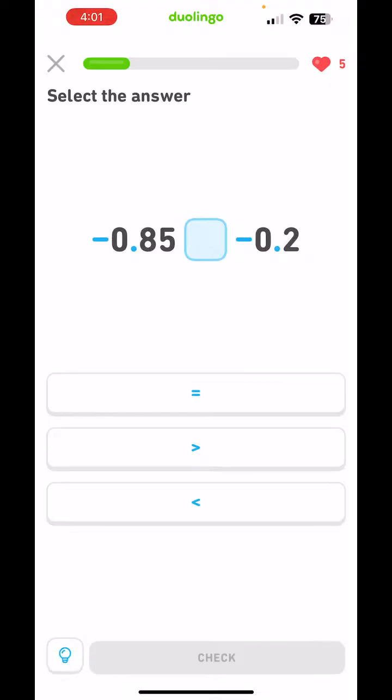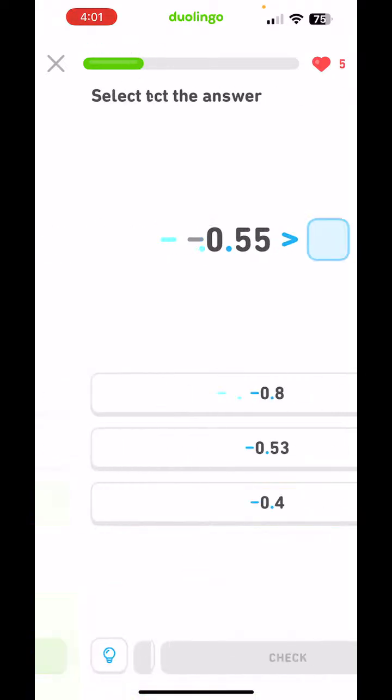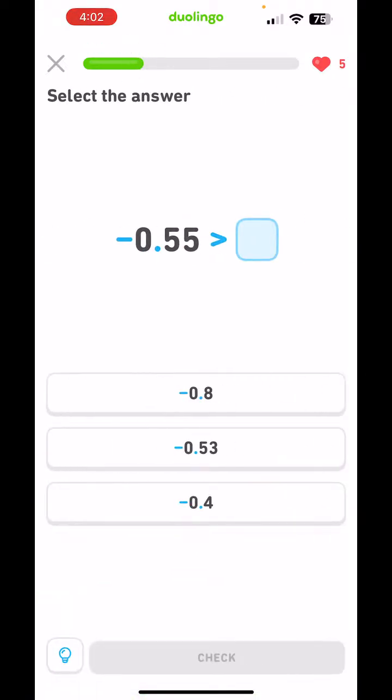So I would say that negative 8.5 is less than 0.2. Yep. Okay. So now we have negative 0.55 is greater than, I would say it is greater than negative 0.8.